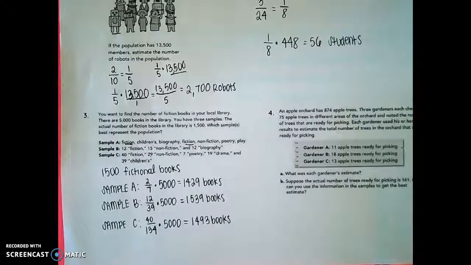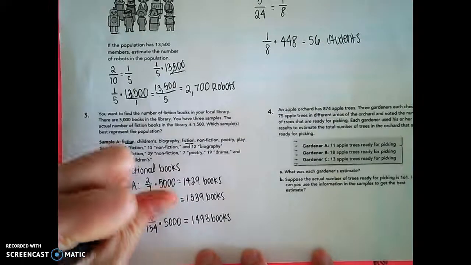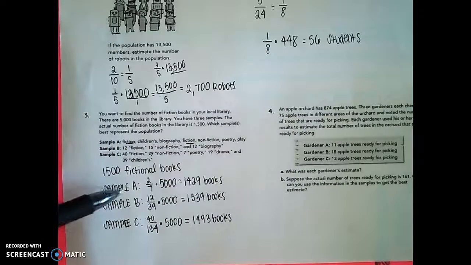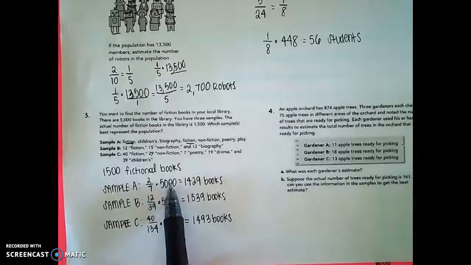Now go ahead and figure out which of those is going to be closest to what we should actually get, because that is going to be the sample that best represents the population as a whole. So think about if it's sample A, sample B, or sample C. So sample C was the best representative of the population as a whole because it's closest to the total number of fiction books.